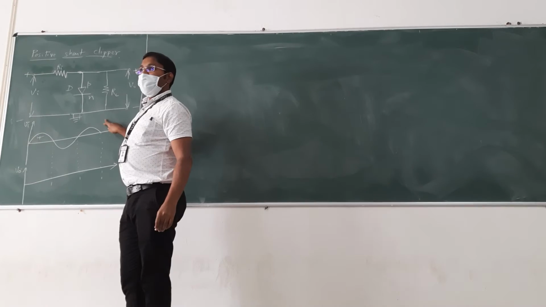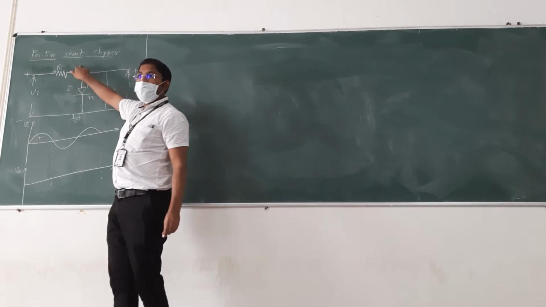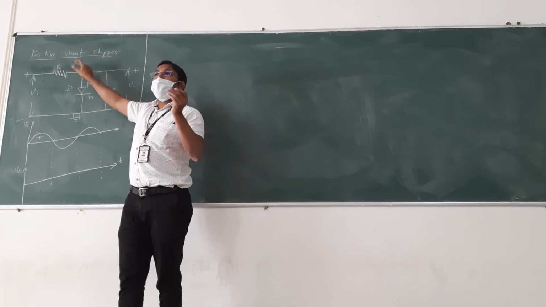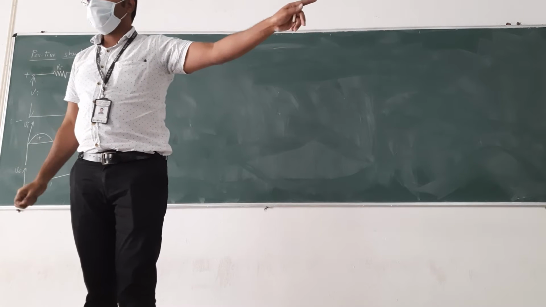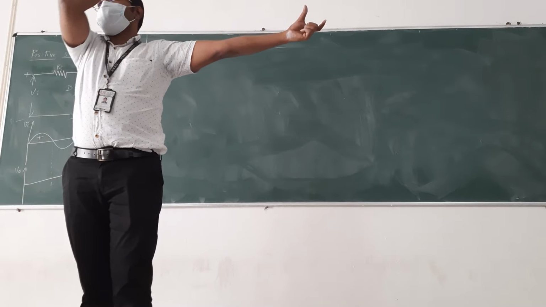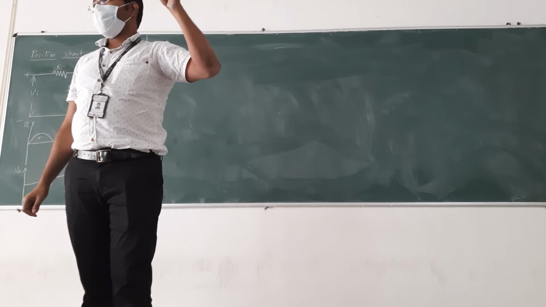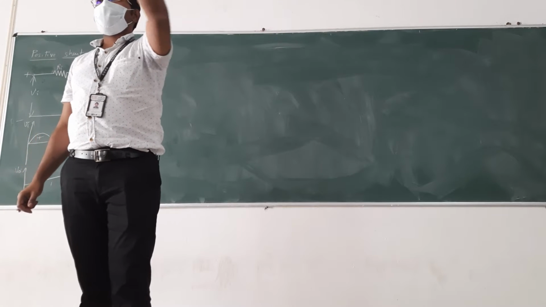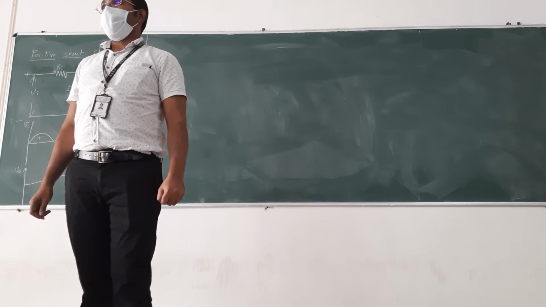When the diode is on, how much will the voltage be here? Diode on means, when you switch on a fan, what do you have? You have 230 volts. When you switch on, the entire 230 volts appears across the fan.